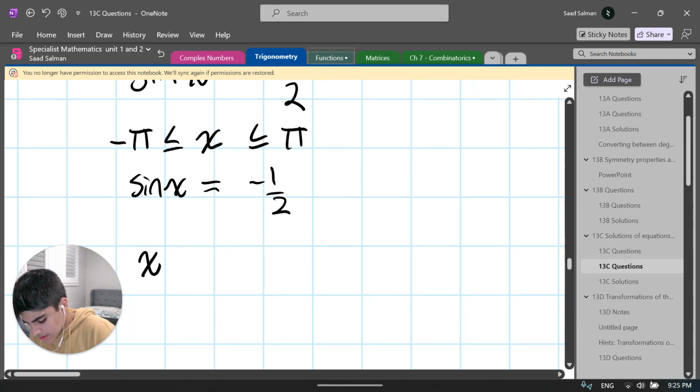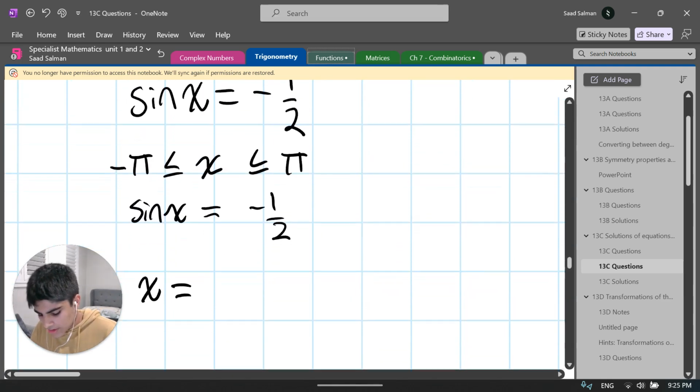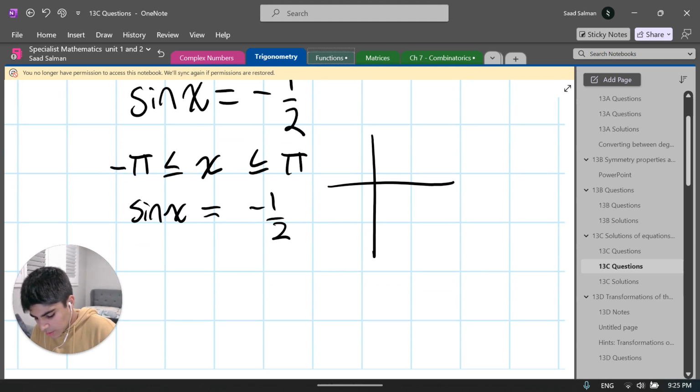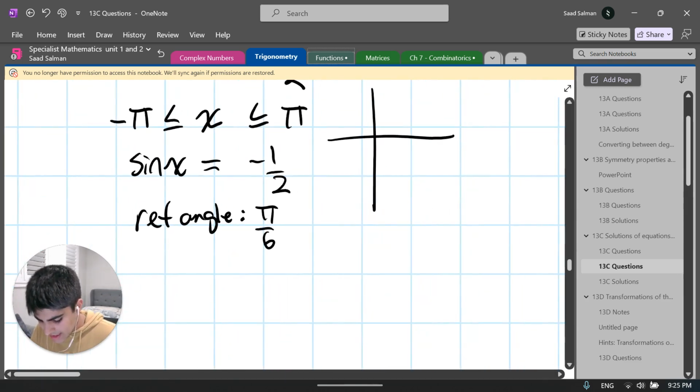Within this range, the reference angle for sine x equals negative 1/2 is pi on 6, and sine is negative in the third and fourth quadrant.